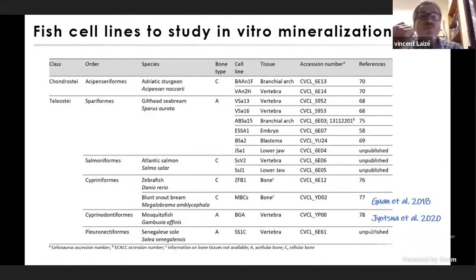So if we look at the fish cell lines that are available to study in vitro mineralization, first we can see that they are all coming from 7 different fish species that account for very important taxonomic groups in Chondrostei, but also Teleostei.